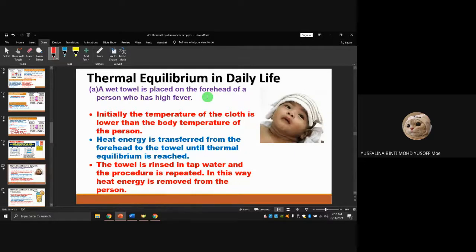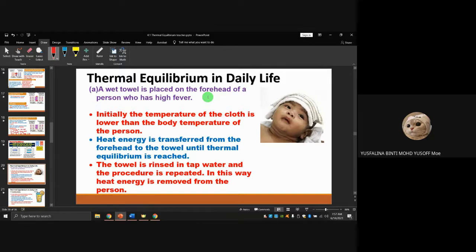Then the second mark is, you have to mention that the rate of heat transferred between the wet towel and the patient is the same, until it reaches thermal equilibrium.